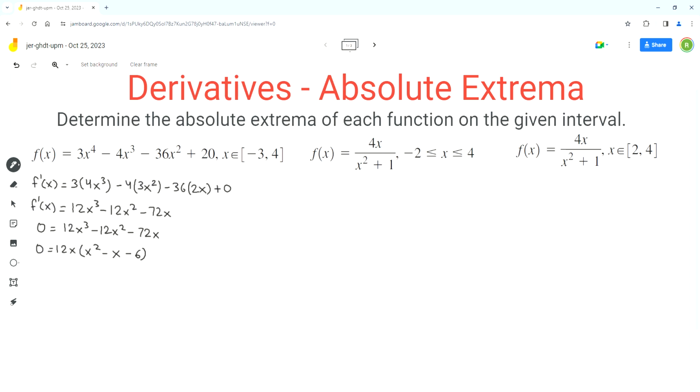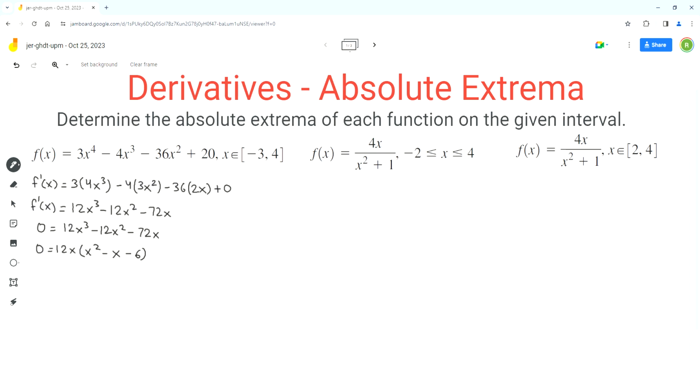Now we can factor the expression in the parentheses. This is a simple trinomial, so we can use the sum and product rule. We have to find two numbers whose sum is -1 and product is -6.